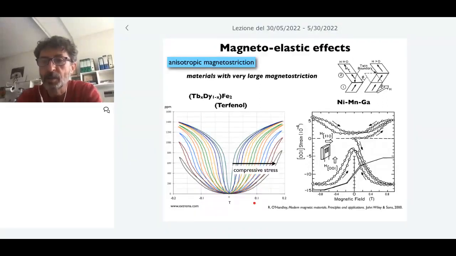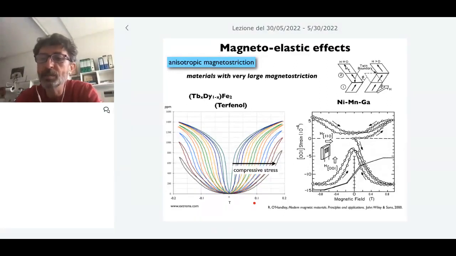The tetragonal phase is not unique. So when you are in the tetragonal phase, you may have what are called twin boundaries. That is, the crystal produces a series of crystal domains, if you want, that are not equivalent in terms of crystallography. In the special case of nickel manganese gallium, you have the coexistence of tetragonality and magnetism.